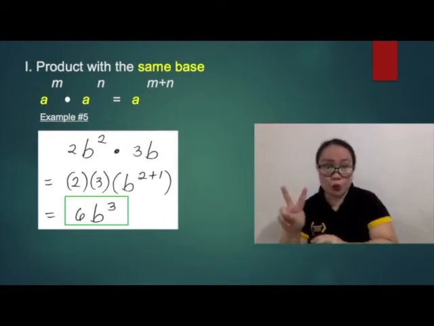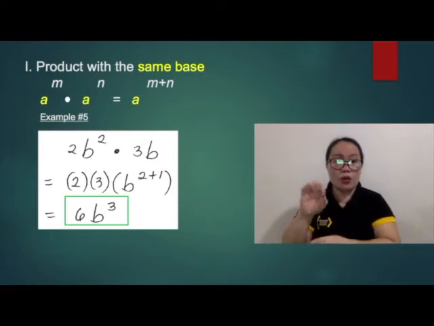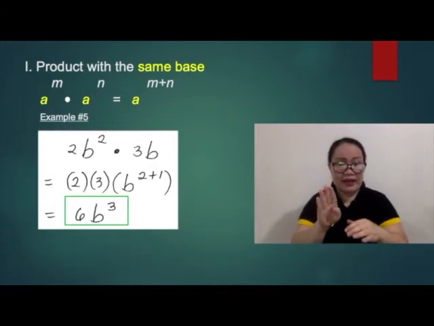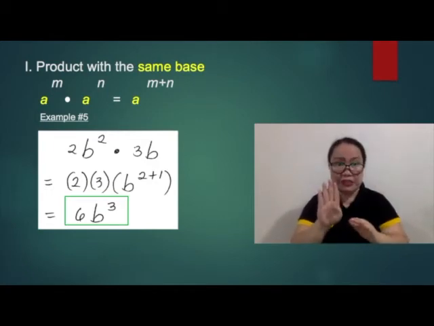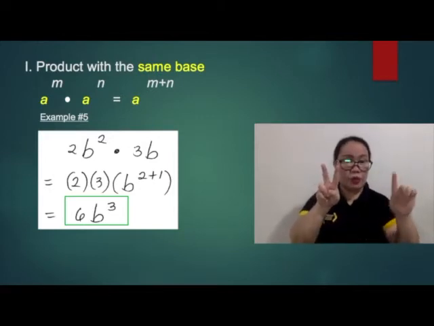So we have 2 and 3 as the numerical coefficients, and then b as the variable with exponent. So b squared and b with 1.